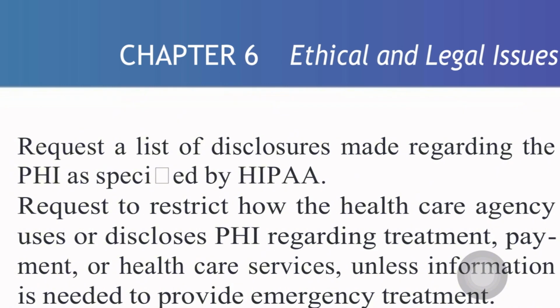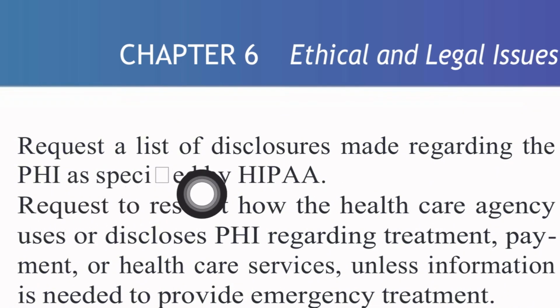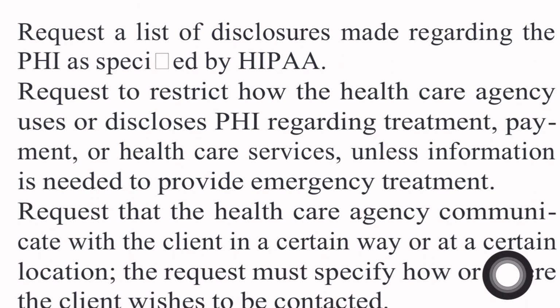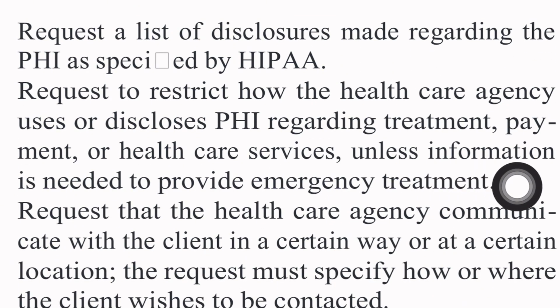Number 3, request a list of disclosures made regarding the PHI as specified by HIPAA. Number 4, request to restrict how the healthcare agency uses or discloses PHI regarding treatment, payment, or healthcare services unless information is needed to provide emergency treatment.